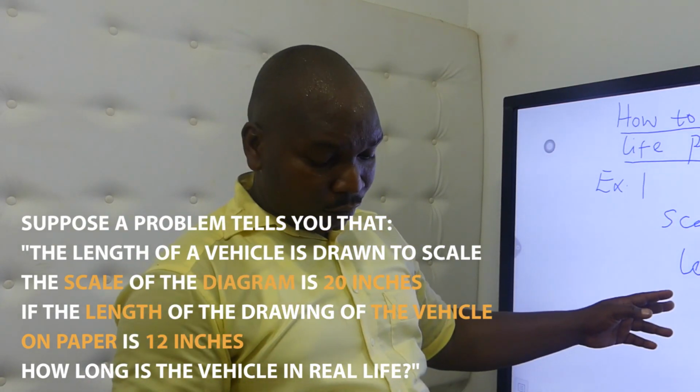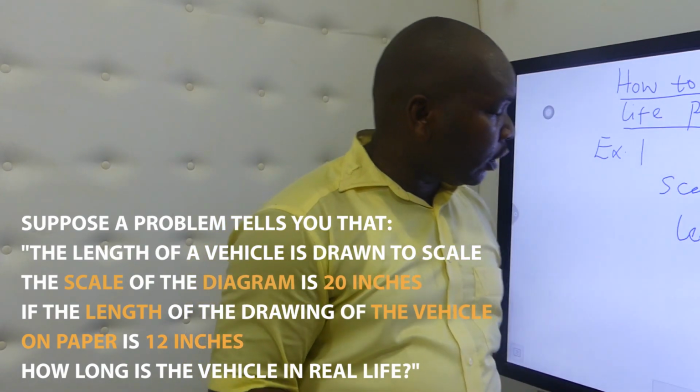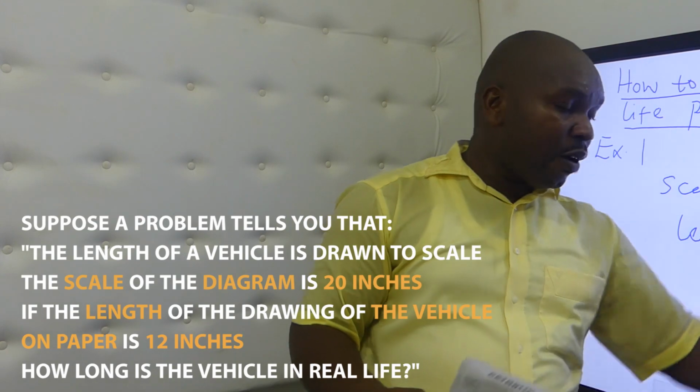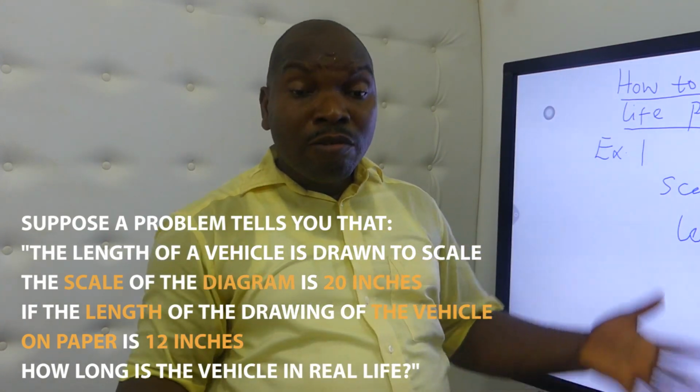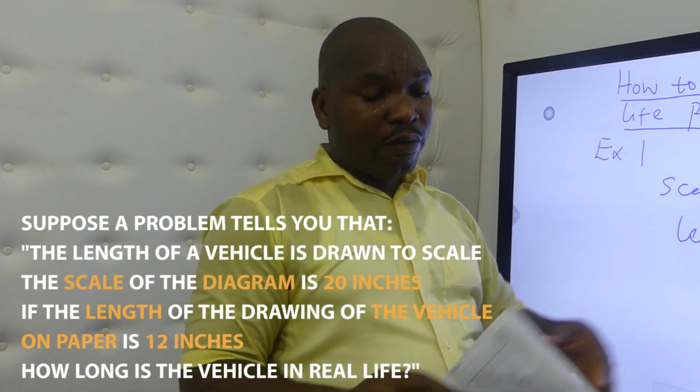So this is the question. The scale is 1 is to 20. The length of the drawing on the paper is 12 inches. Now, how long is what? The length of the vehicle.